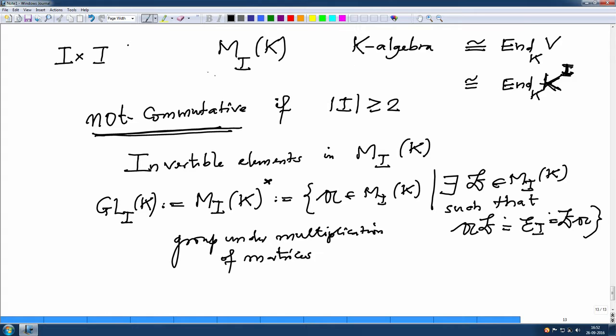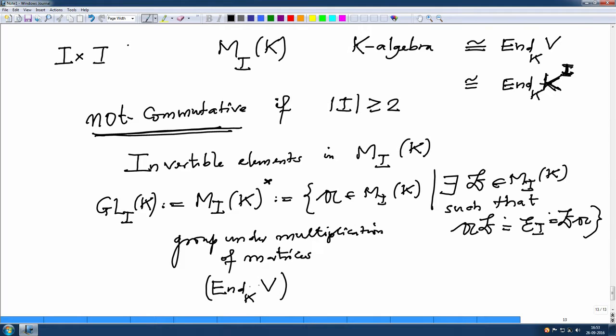That is true in general. We have seen if you have a ring R, then R cross, the set of all invertible elements in R with respect to multiplication, forms a group under multiplication of the ring, and that group is called the unit group of the ring.